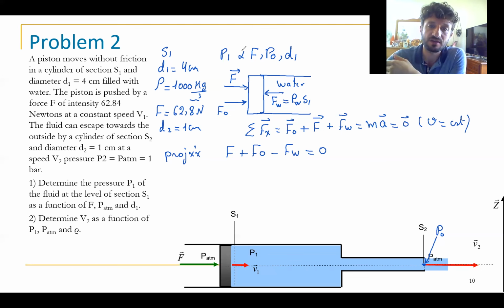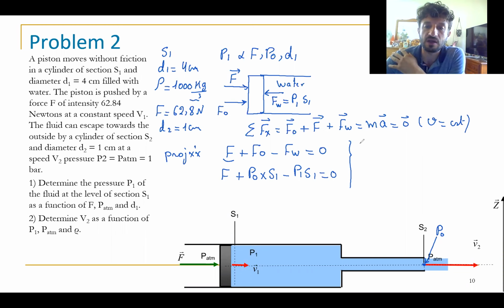So F is given, plus F0 equals P0 times S1, minus F water equals P1 times S1, equals 0.